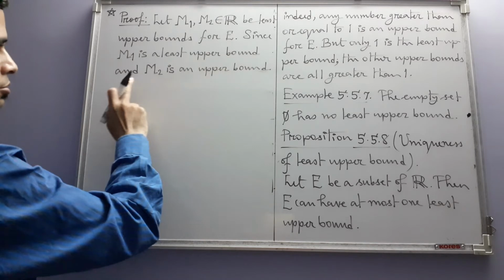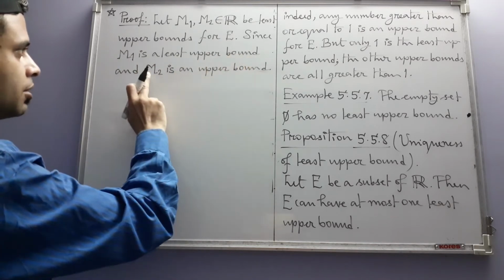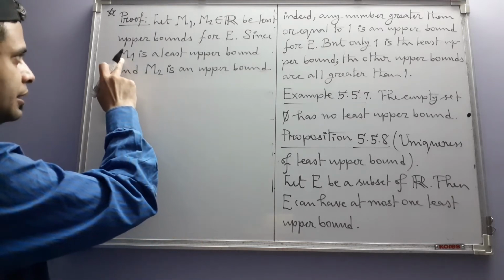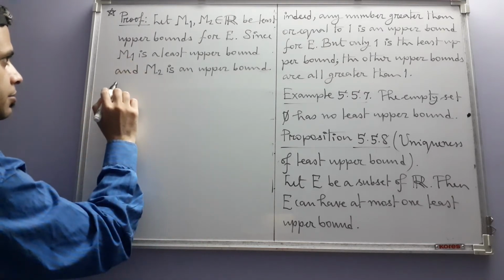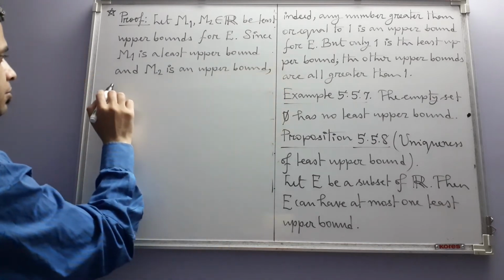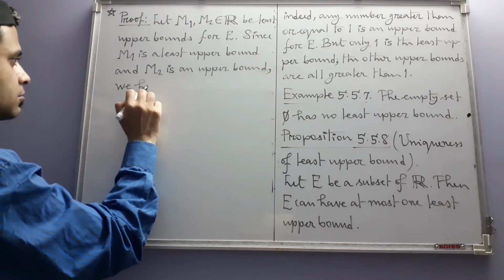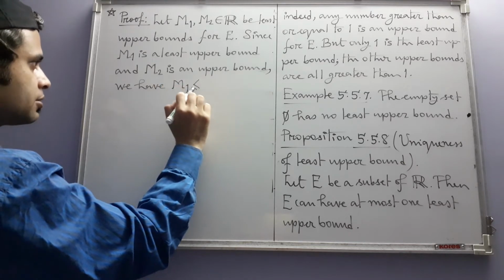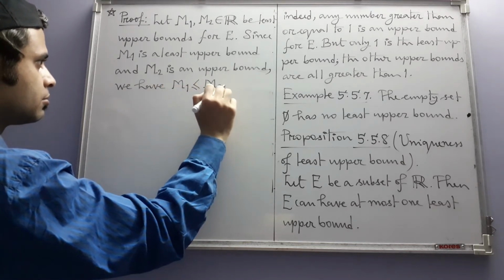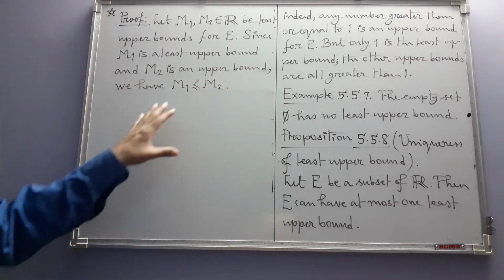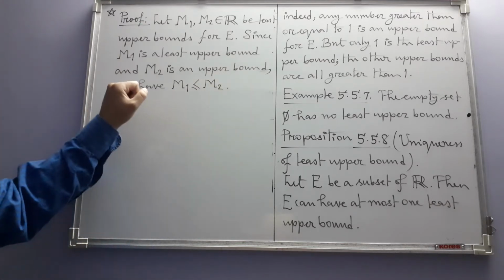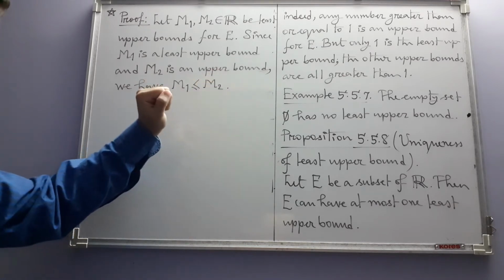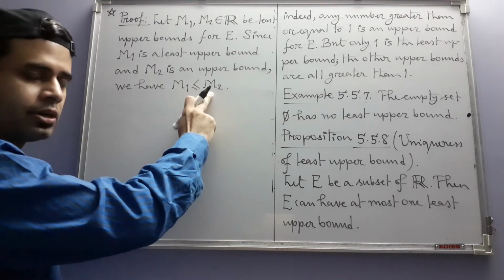Now you combine these two things, M1 is a least upper bound and M2 is an upper bound. Now you apply part B to M1, then M1 must be less than or equal to M2. M1 is smaller or equal to every upper bound. In particular, M1 is less than or equal to M2.